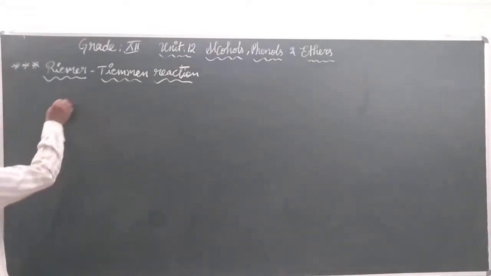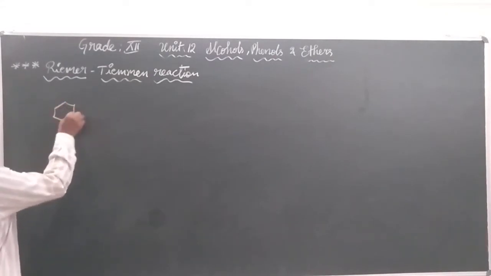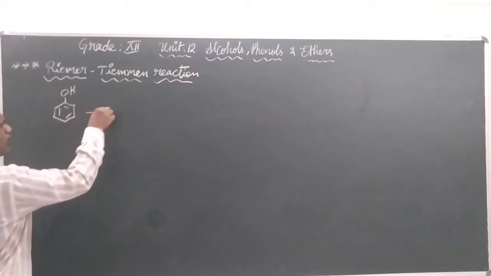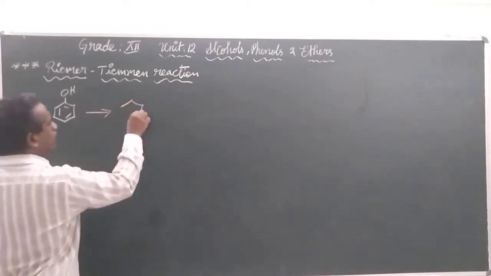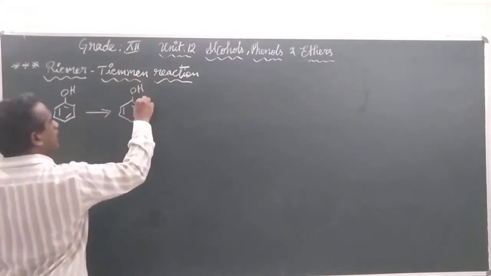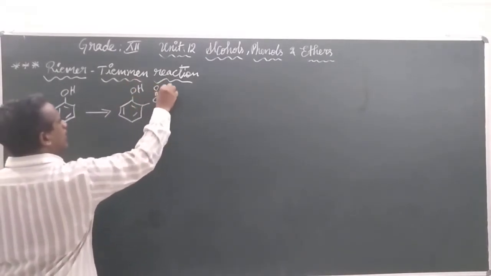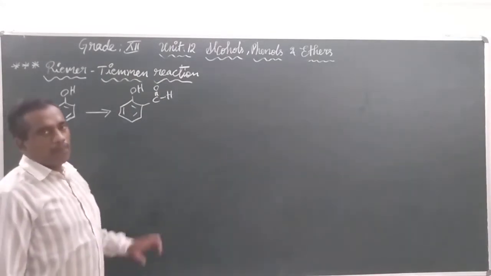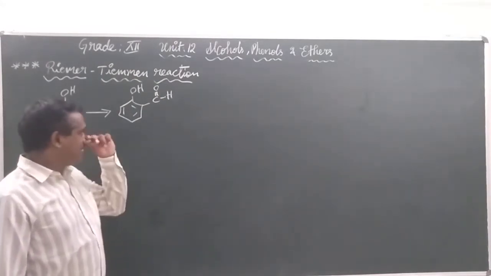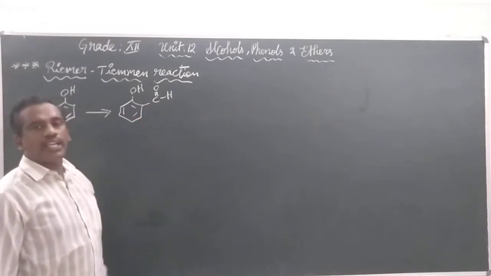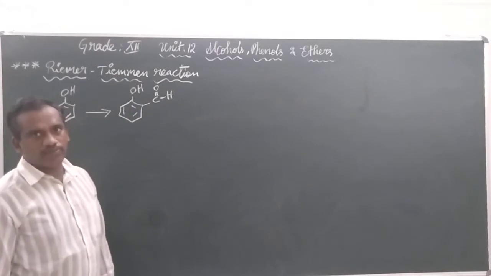It is going to say that phenol is going to be converted into a compound with C double bonded OH. Previously we have discussed there is one more oxygen, that is a carboxylic group, but there is only an aldehydic group here.